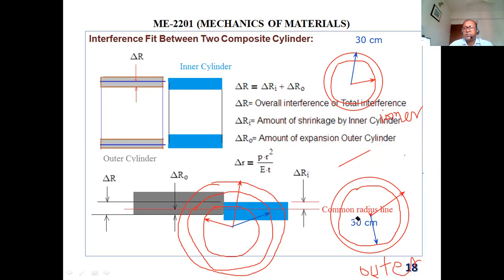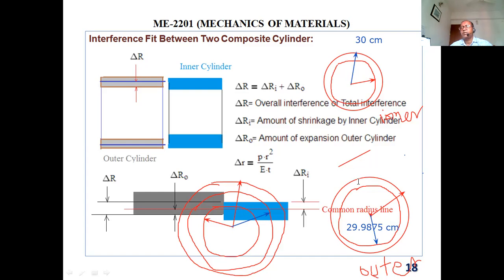Say I make it 29.9875 centimeter. Then what will happen? This is 30 centimeter, and this is 29.9875 centimeter.